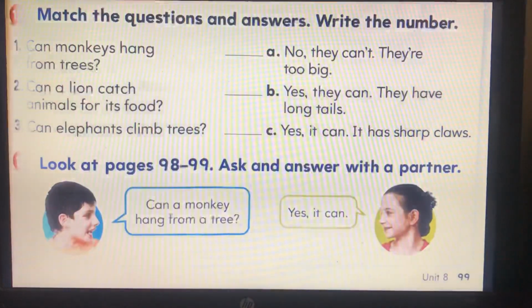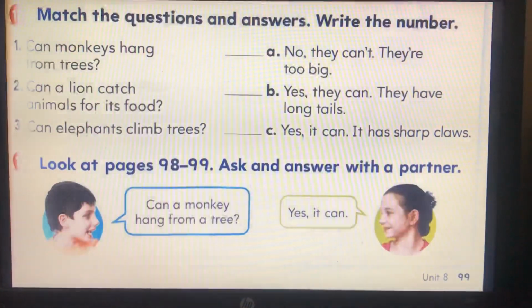Can lion catch animals for its food? And number 3. Can elephants climb trees? Perfect. Now that we've read number 1 through 3, we will now read the different answers.